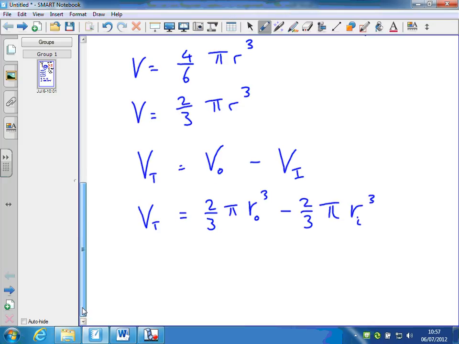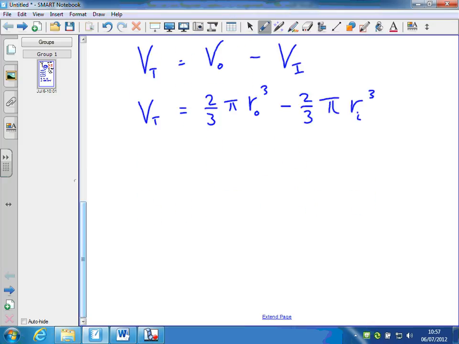And we can see hopefully now that keeping it in terms of symbols means we can factorize, because 2/3 pi can come outside a bracket and we're left with the outer radius cubed minus the inner radius cubed. So we can now use that formula to find the volume.